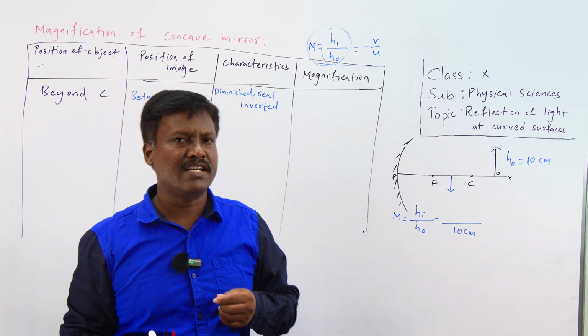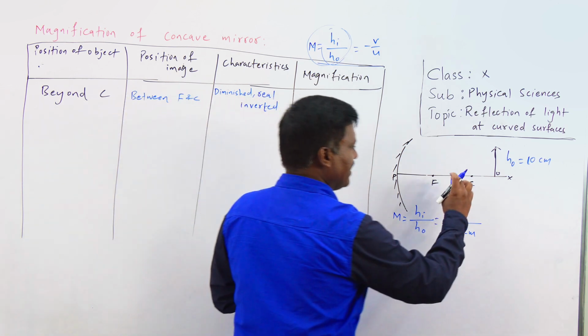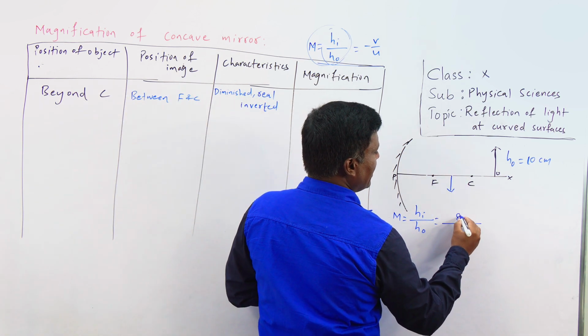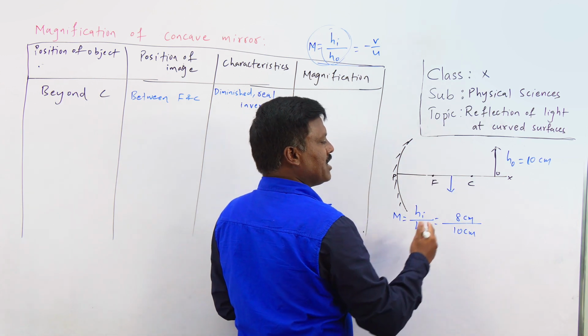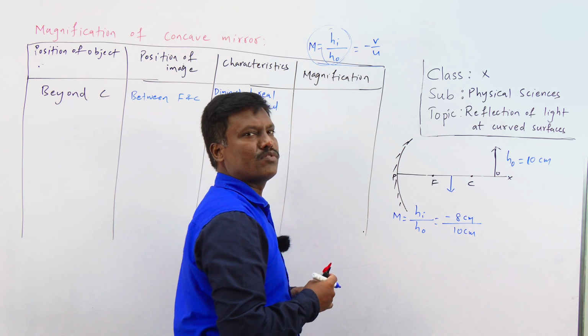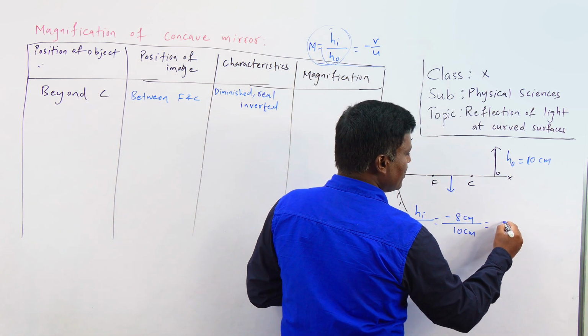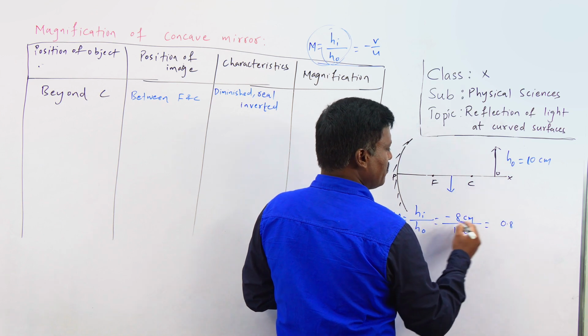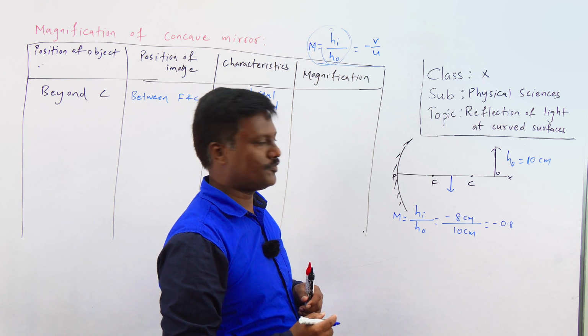Tell me any number less than 10 centimeters. Your wish. For example, you said 8 centimeters. If I write 8 centimeters, but according to sign convention the image is formed below the principal axis, so I have to take a negative sign. 8 by 10 is equal to how much? 0.8, minus by plus, what? Minus 0.8.